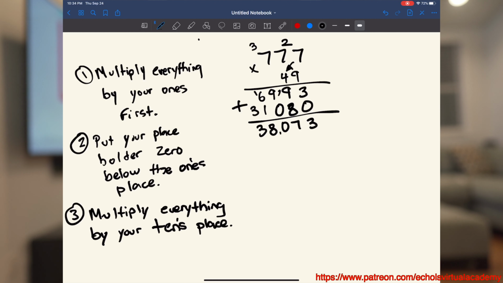And your final answer is 38,073. Once again, 777 times 49 is 38,073. So, when it comes to multiplying multi-digit numbers, especially 3 digits by 2 digits, you follow the rules, you'll get the answer.